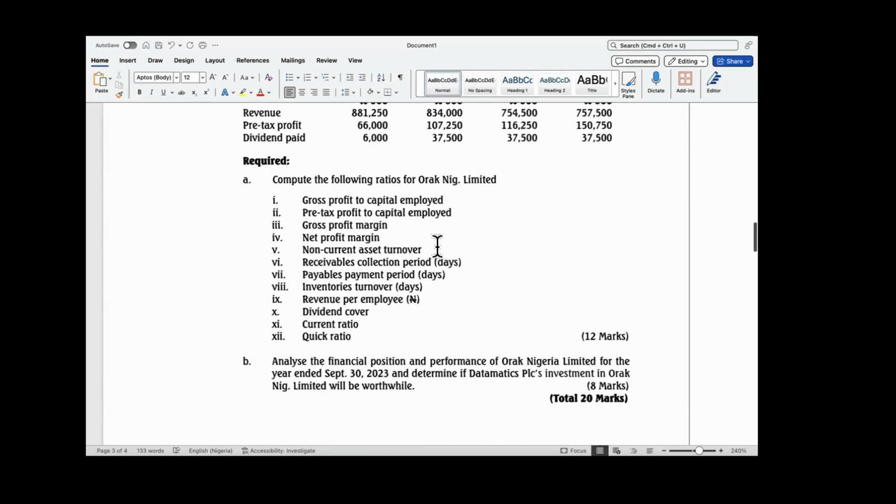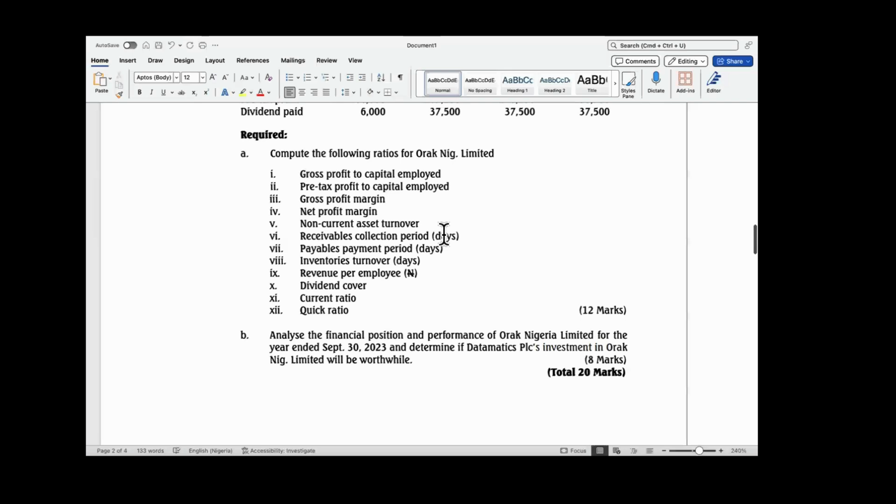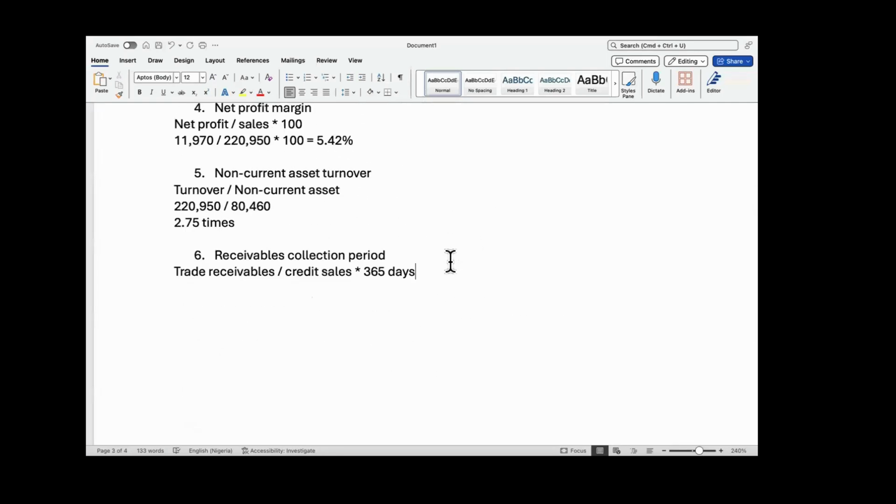If the examiner has put months in brackets, even though in almost 100% of cases it is always in days, you would not be multiplying by 365. In the case of months, you'll be multiplying by 12. In the case of years, you multiply by 1.